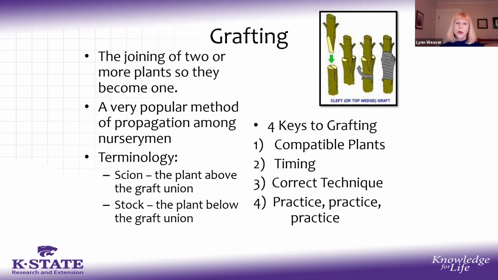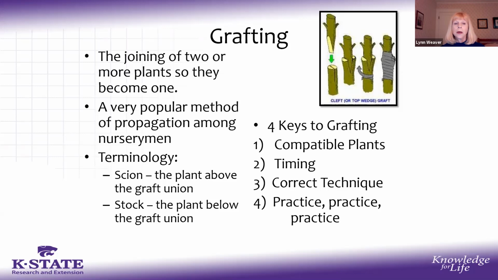Important terms to know: scion is the plant above the graft union. Stalk is the plant below the graft union. So do a little review here. Remember that the cambium is a narrow band of regenerative cells just below the bark.